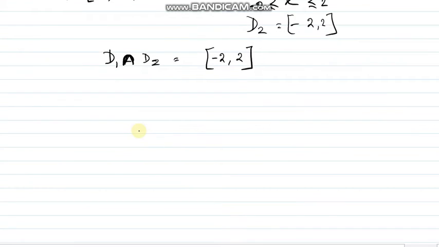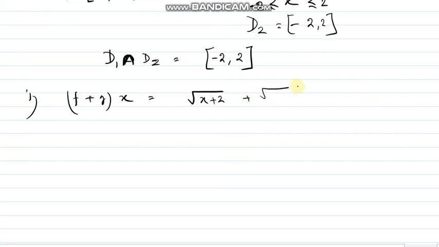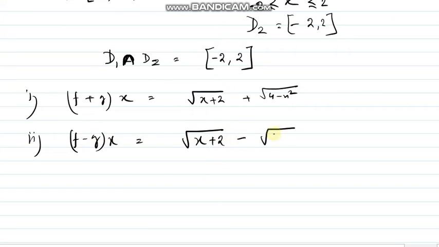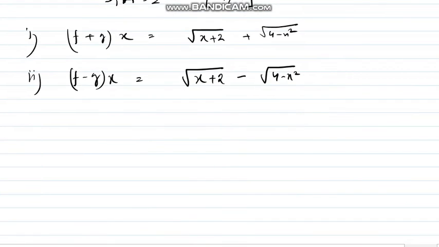Now what is going to happen for f plus g of x? f plus g of x will simply be root over of x plus 2 plus root over of 4 minus x square. What is going to happen for f minus g of x? Again that will be f minus g like this, on the same set. All these will have the same domain, that is minus 2 to 2, and r will be the range.